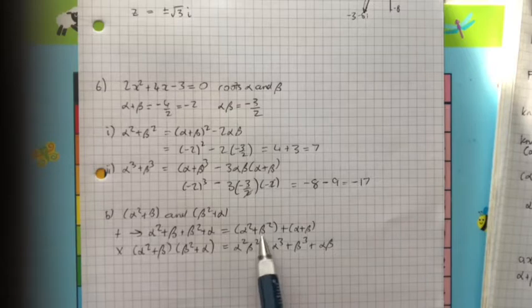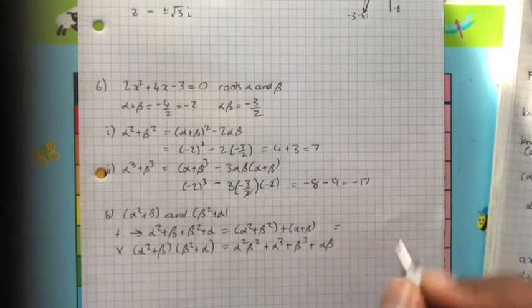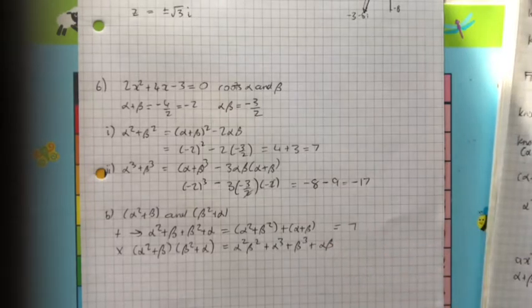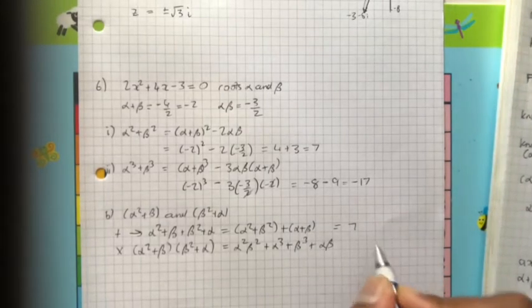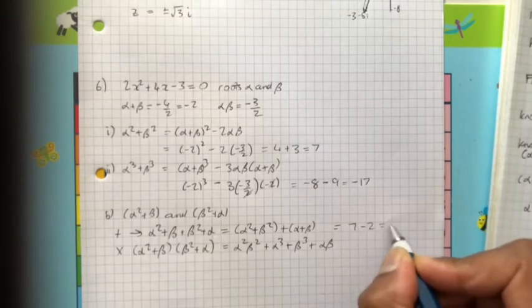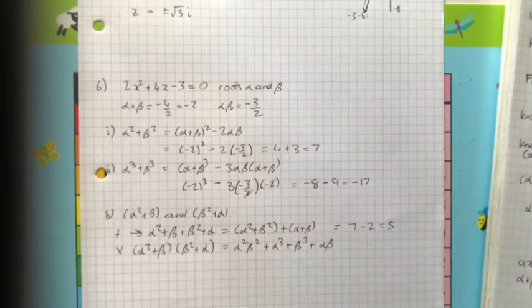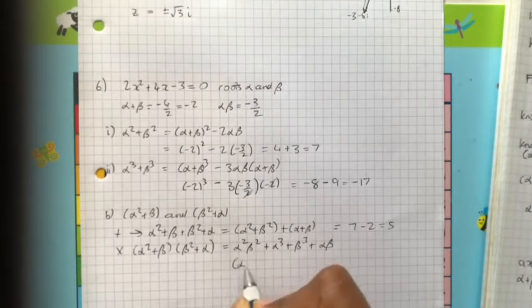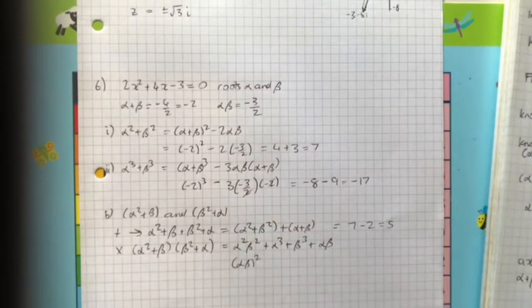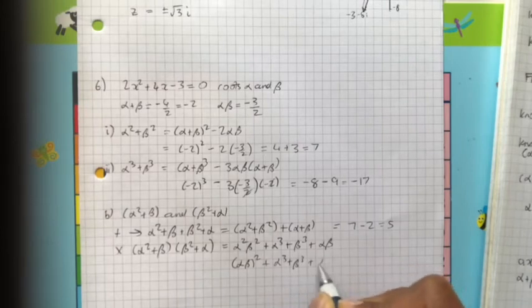So alpha squared plus beta squared, we worked out earlier, that was 7. And alpha plus beta we know is minus 2. So that gives us 5. And here, that's just alpha beta squared plus alpha cubed plus beta cubed plus alpha beta.